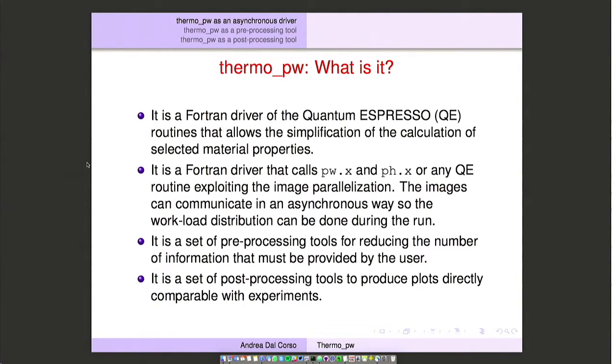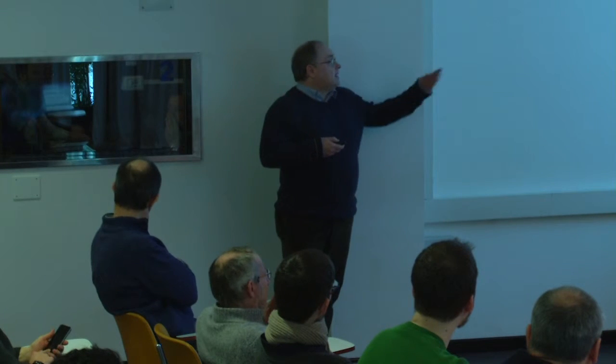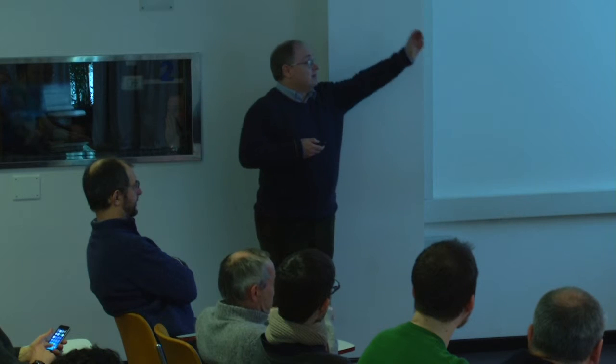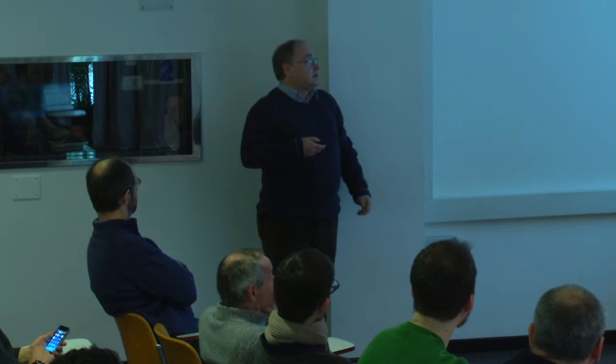But then there are a set of pre-processing tools that reduce the amount of information that must be provided by the user. We have seen this morning that now there are several attempts to do this kind of thing with helper codes, but you have to synchronize all this work.